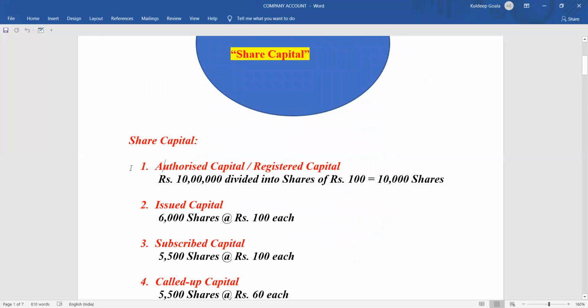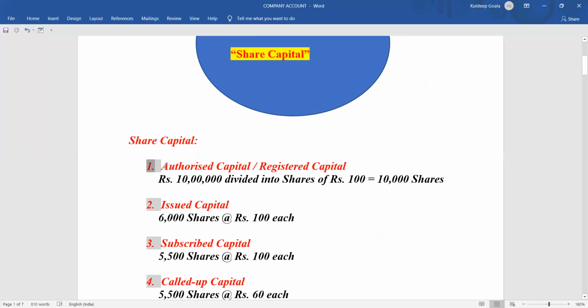First of all, share capital refers to, the first thing is the authorized capital of the company. It will generally have certain groups. The first one I'm explaining is the authorized capital. Now what is authorized capital, or you may call it registered capital?